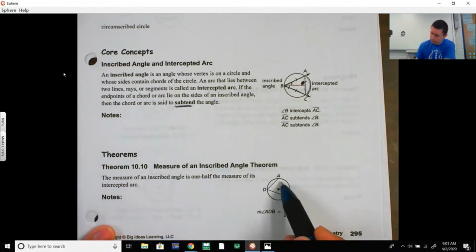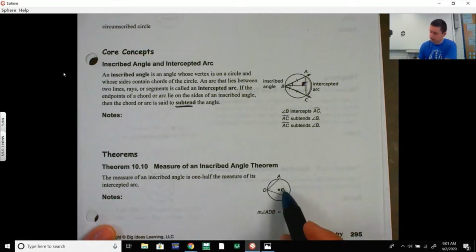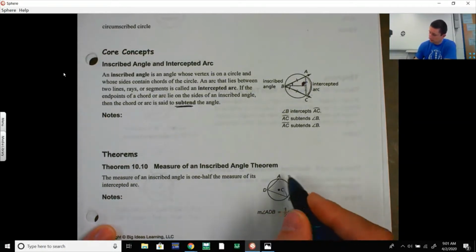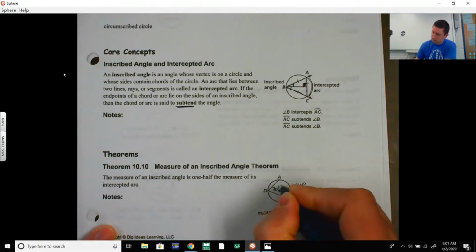I was thinking of this one. We know those aren't congruent, so an angle bisector still would be a median, but it wouldn't necessarily be a 90 degree angle there. The measure of ADB is going to be half the measure of arc AB. So if arc AB is 140 degrees, this is going to be 70 degrees, half of it.